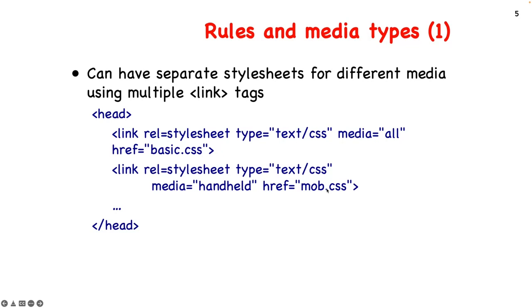So if we need different rules for different types of devices, we can have them. As we explore bits of CSS, we'll see that CSS is the thing which allows our designs to be responsive.